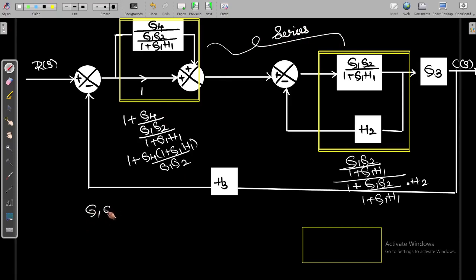That will be G1 G2 plus G4 plus G1 G4 H1 whole divided by G1 G2.